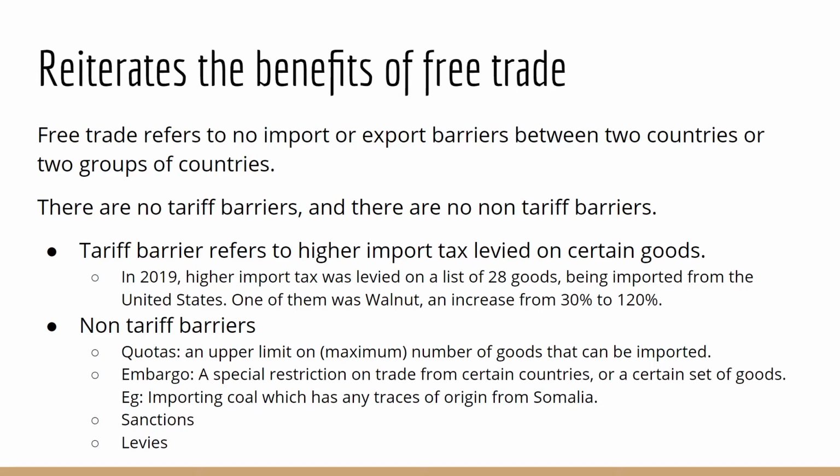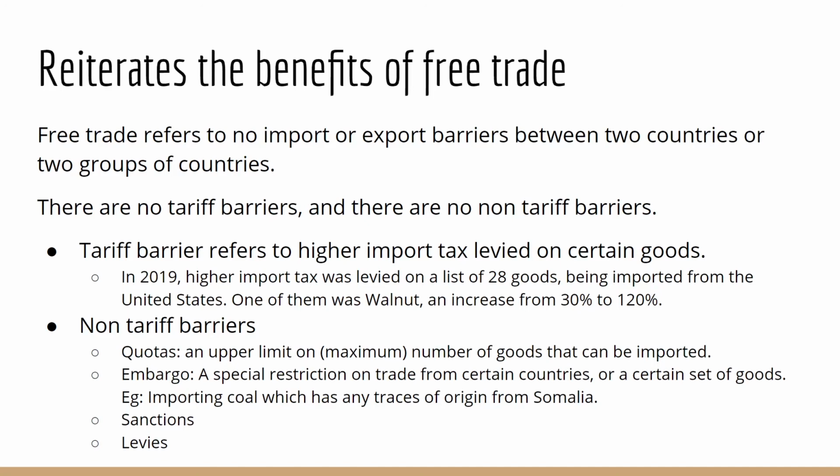This is not the most optimum of examples, but we are importing it from England, and it takes a stop at the port of Somalia, just for refueling, or perhaps just a rest stop. Then such coal will not be allowed in India without certain documentation from the government of Somalia, saying that this has just been rested here and hasn't been sourced from Somalia.